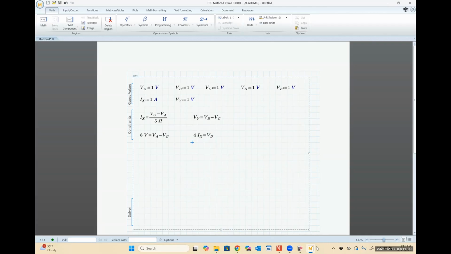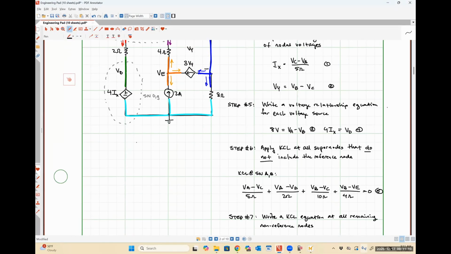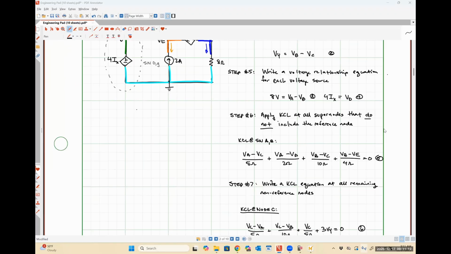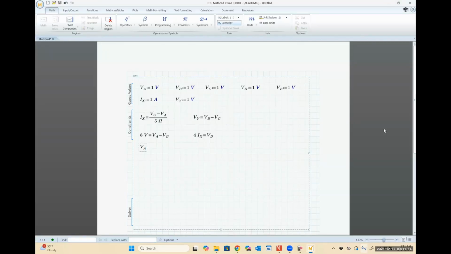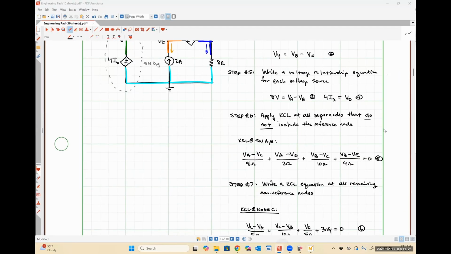Now I'm going to go on to my other constraint equation. So this is where I'm going to start my KCL at supernode AB. So let me scroll up here. So VA minus VC over 5 ohms, VA minus VD over 2 ohms.